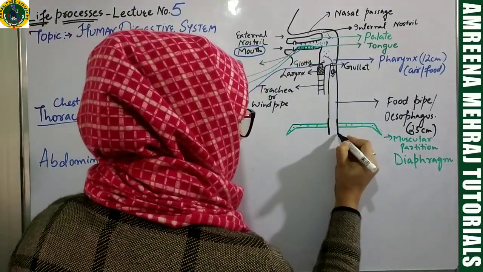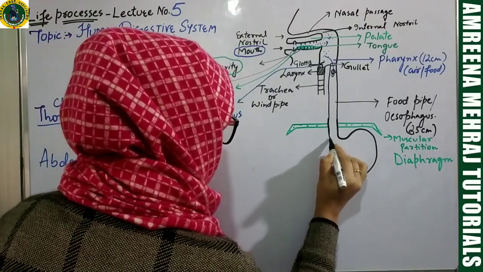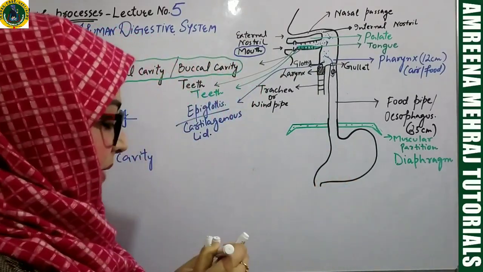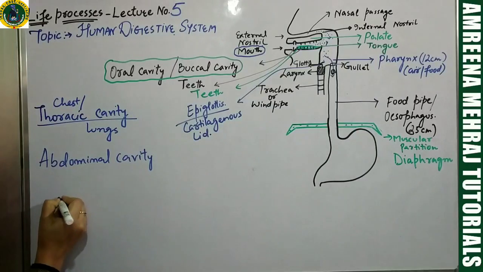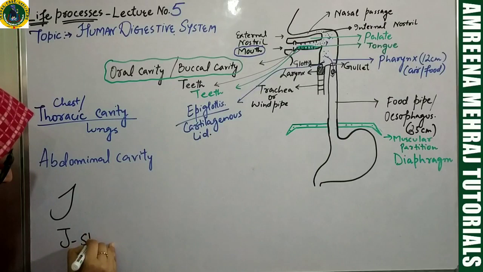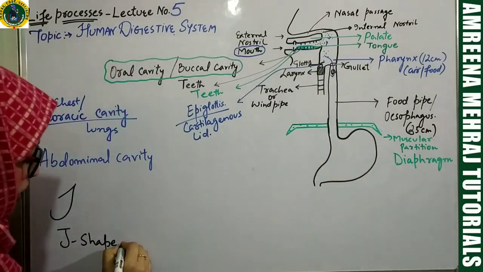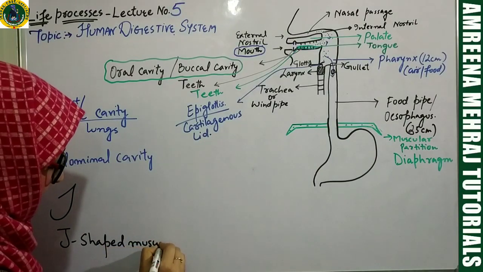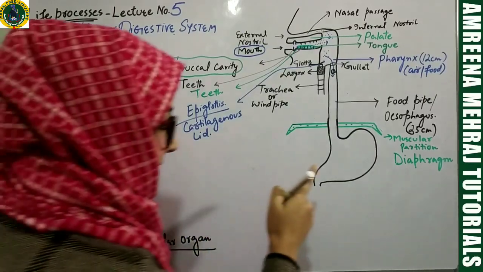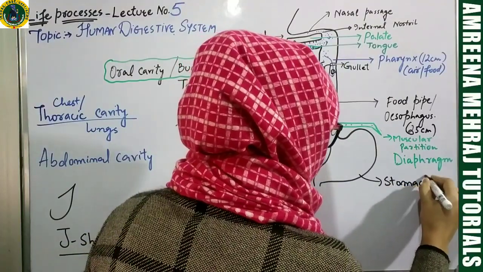Okay. Now it will join this muscular J-shaped structure. See the shape. It is roughly the shape of the English letter J. Isn't it like this shape? So we say that this is the J-shaped muscular organ, and this is what is basically your stomach.